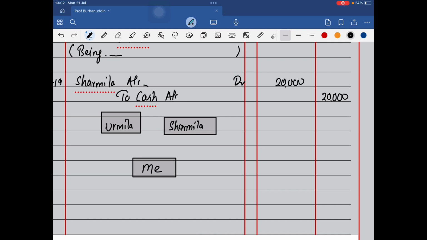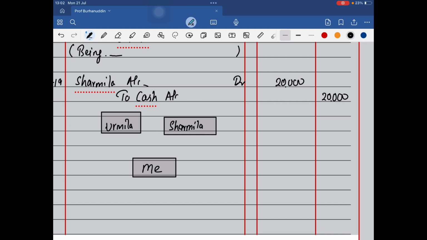Correct? That's a simple thing. Now, if you still don't understand, then just think in that way. You gave a check to X person. Okay. So definitely you are not going and making the payment. The payment has been done through bank. So bank is the medium.